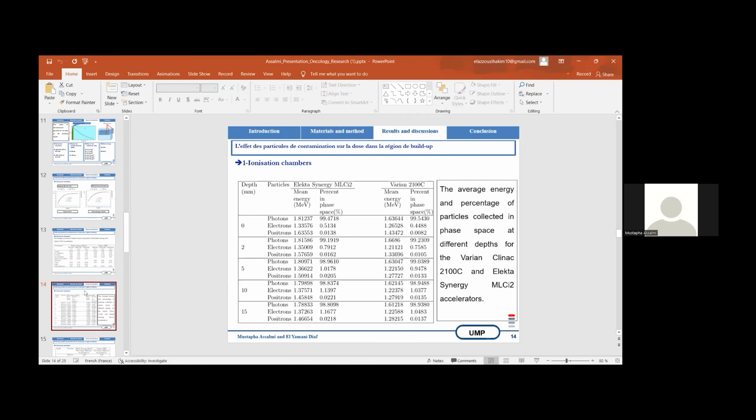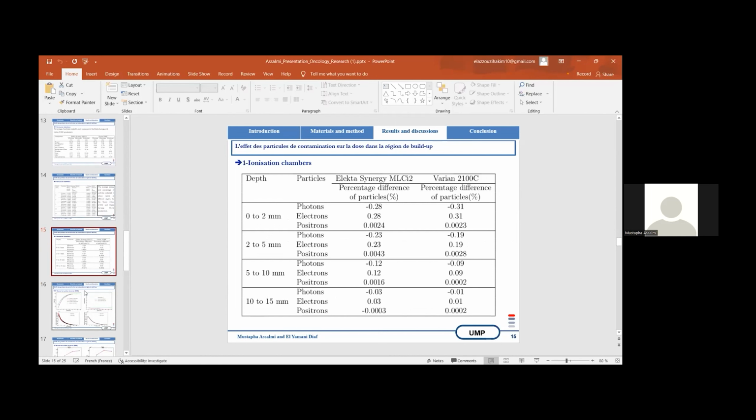To analyze this data, we show in this table the difference in the number of contamination particles between two consecutive depths, where we can clearly see that the number of particles stabilizes with depth and becomes almost equal between 10 and 15 millimeters in depth of the build-up region. At this depth, we have electronic equilibrium, and therefore the divergence between Monte Carlo simulations and experimental measurements decreases.